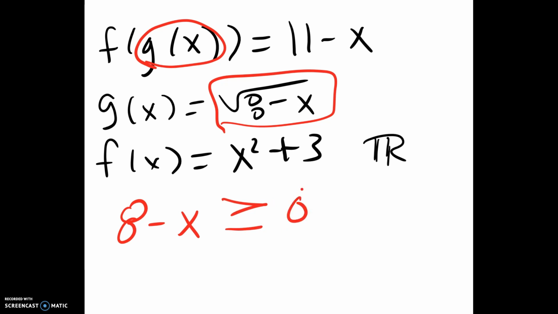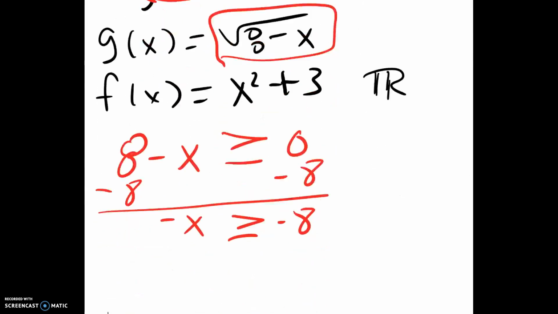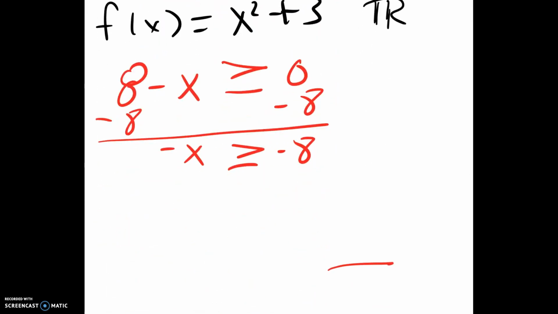We will subtract 8 from both sides, and we have negative x is greater than or equal to negative 8. When we divide both sides of this inequality by negative 1, we then have, let me make some more room, excuse me. We then have x is less than or equal to positive 8.